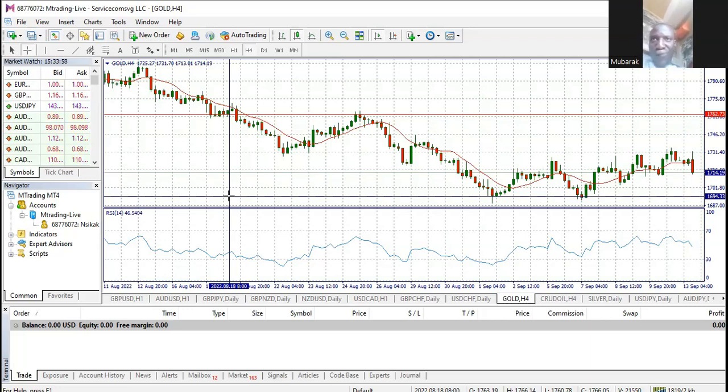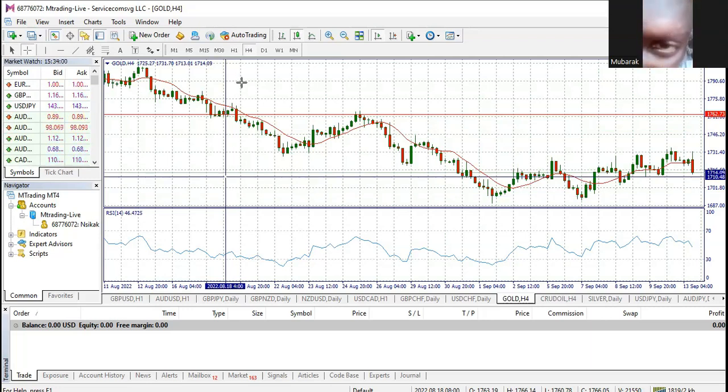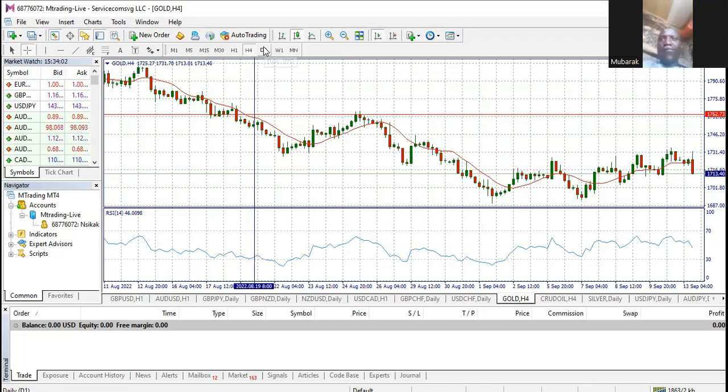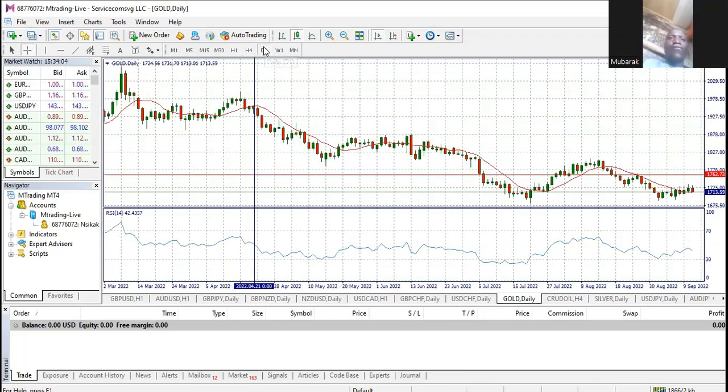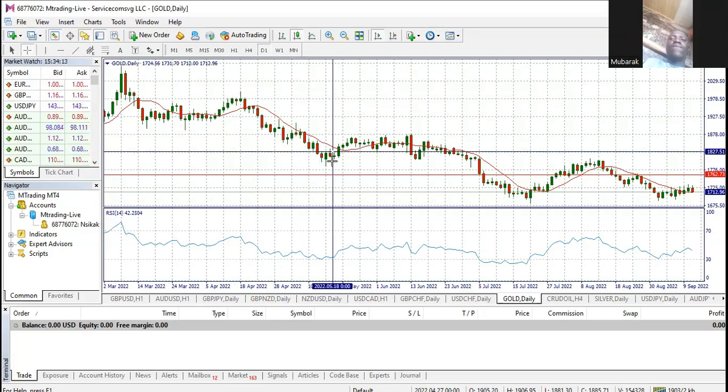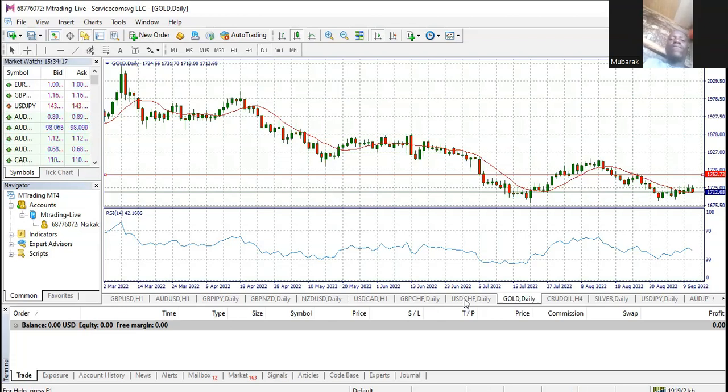With the momentum it is pushing with, it's likely to sell down there. Let's still keep our eyes on it.